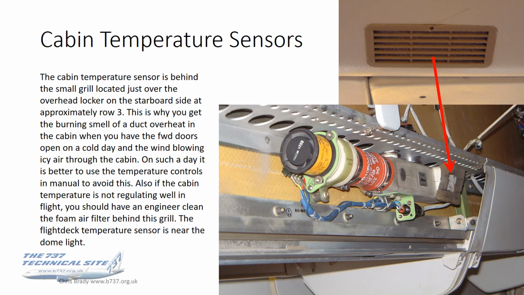If that fan wasn't there, then that air would stagnate and probably get hot, and the temperature control would be useless in the cabin. So it needs an airflow over it, and that's what that fan does. If you're down the back on a turnaround, so the cabin's quite quiet, if you put your ear to the overhead locker round about row 3, you can hear this whirring away just gently in the background.